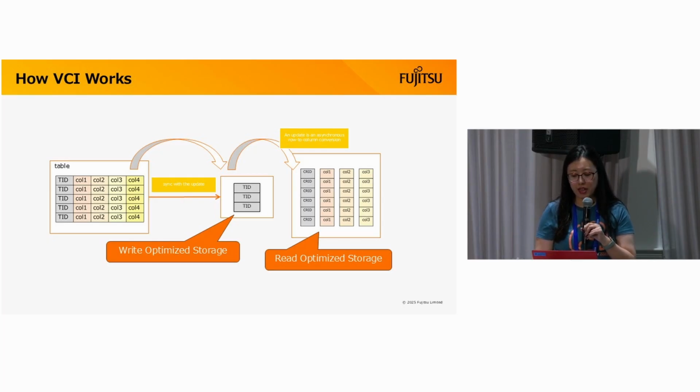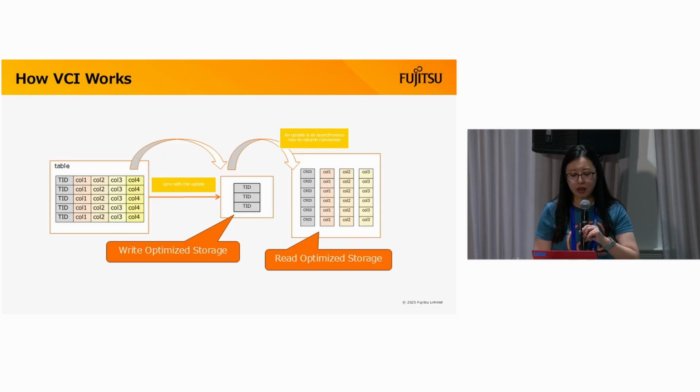Running create index creates a VCI. It creates read-optimized storage, which I'll call ROS. ROS is a storage mechanism that stores data in the form of columns.